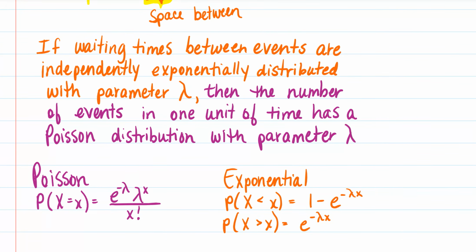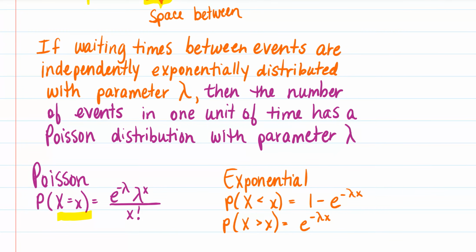Here we have the functions that allow us to find probabilities for random variables that are distributed with a Poisson distribution or with an exponential distribution. With a Poisson distribution, the probability mass function gives us the probability that x equals a specific value. The function is e to the negative lambda times lambda to the x over x factorial.